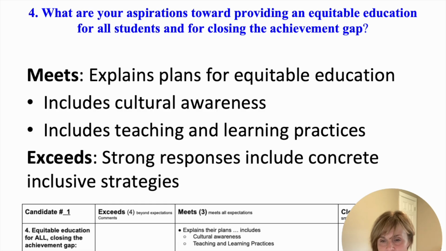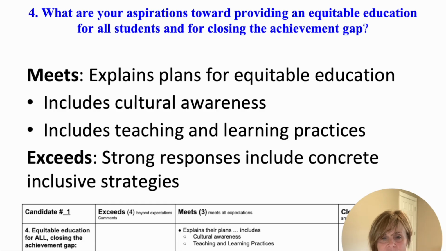So we're looking for more rich examples to get to exceeds. They're talking about specific teaching strategies. They are talking about maybe doing different learning styles to address the whole child. To get an exceed, they do not have to be bilingual. They do not have to have taken classes on specific, niche little things.